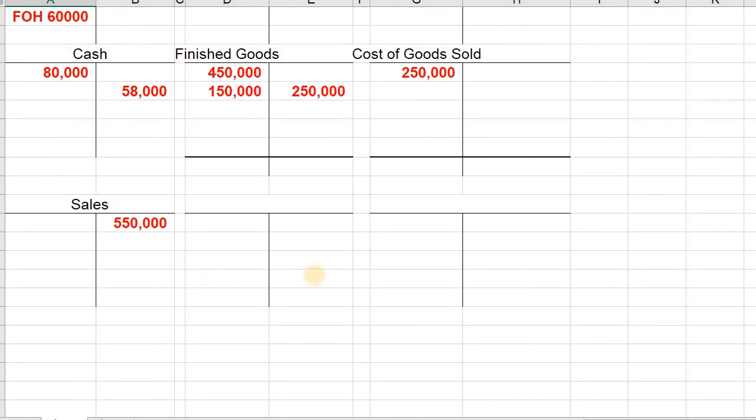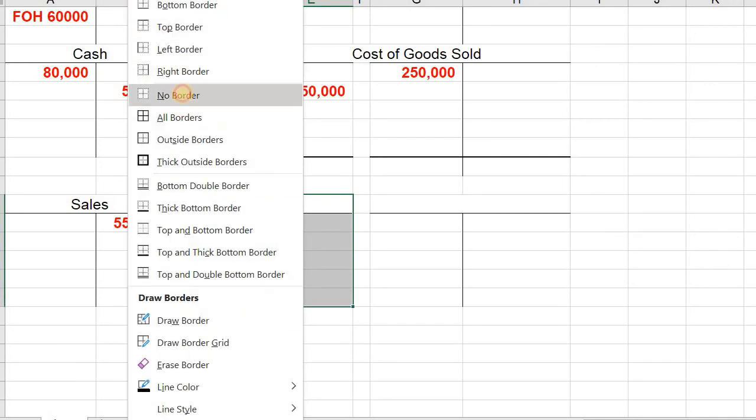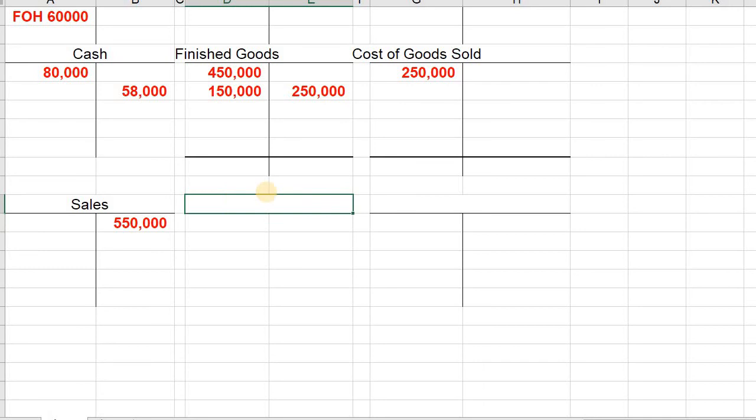Now at this point, believe it or not, we have an income statement. And it looks like this. Sales, $550,000.